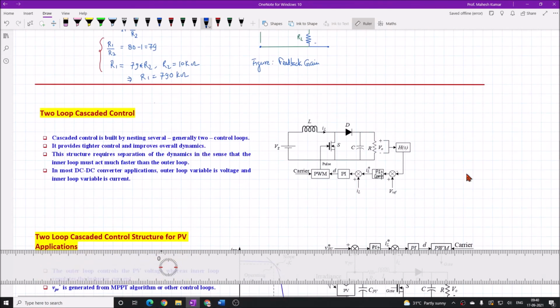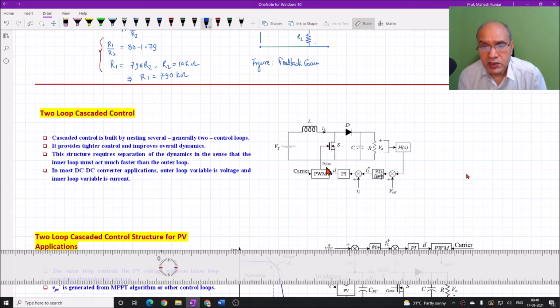Apart from that, there are many other control schemes. For example, we may have a two loop cascaded control unit. What we have discussed is a one loop, and the loop is the voltage control loop, that is called the outer control loop. In two control loops, we use the voltage and current loop.